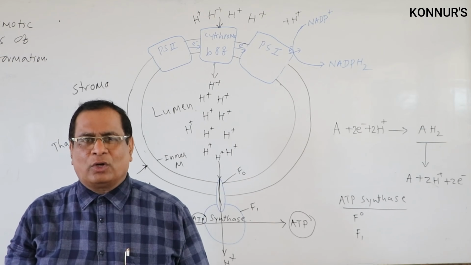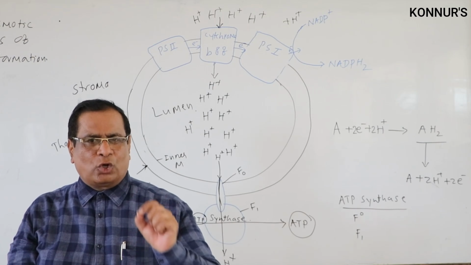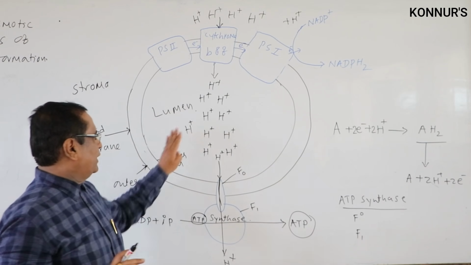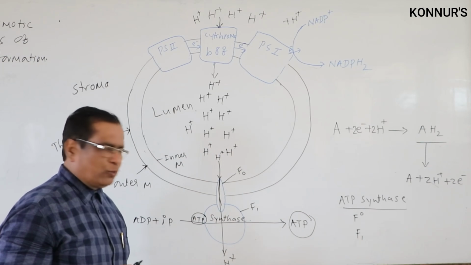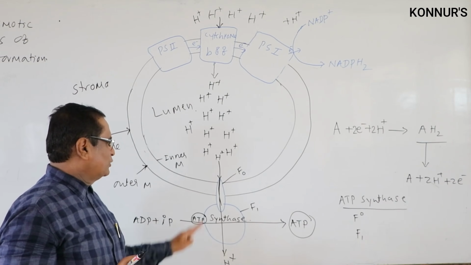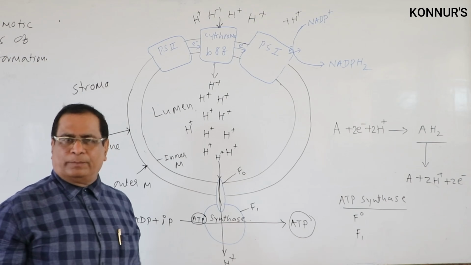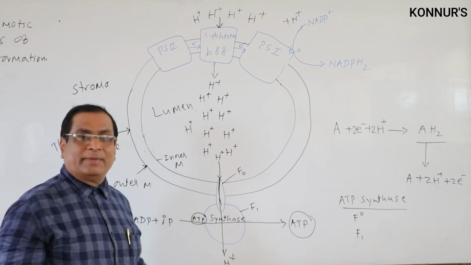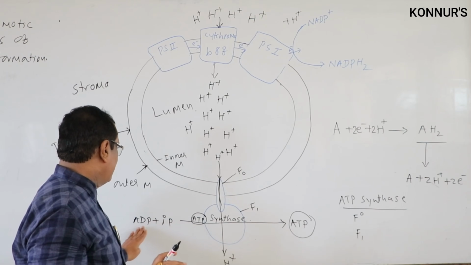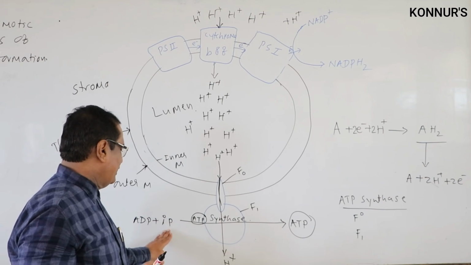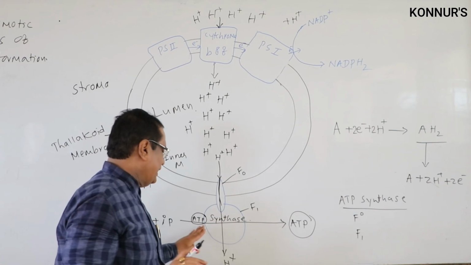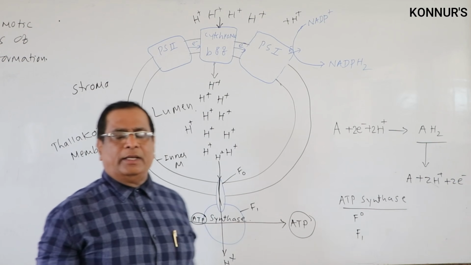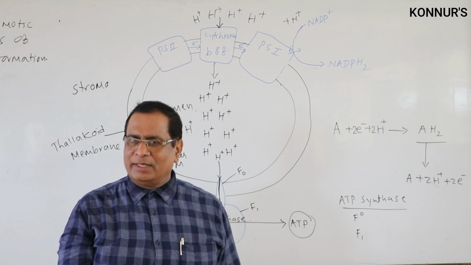Due to the proton gradient, a proton motive force is created, so that protons from the lumen are pumped out into the stroma through the F0 F1 complex. While moving through, maximum energy is released, that is used by ADP, which then reacts with inorganic phosphate in the presence of the ATP synthase enzyme, leading to the formation of ATP.